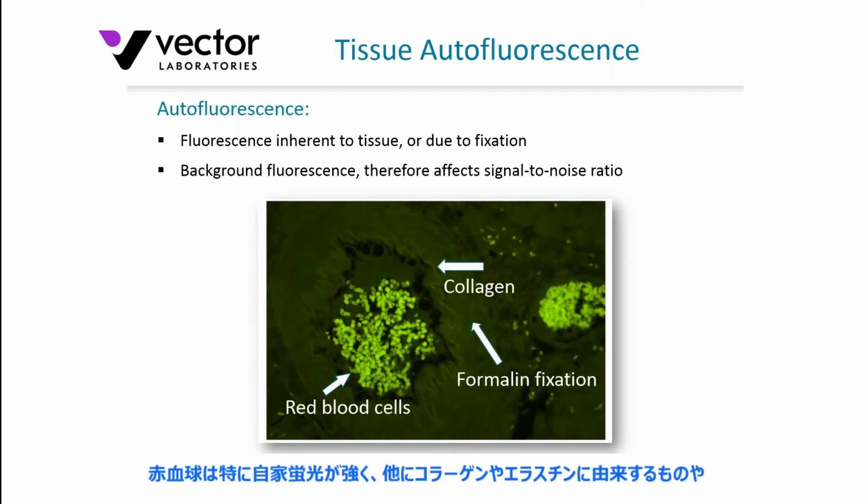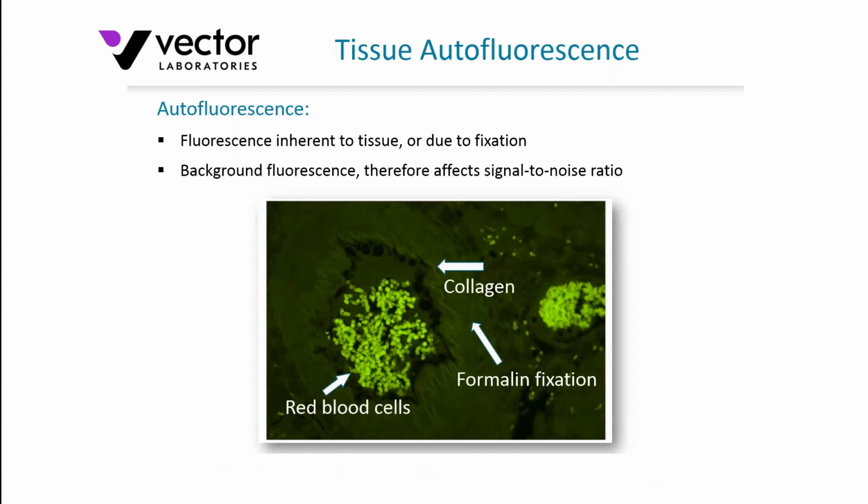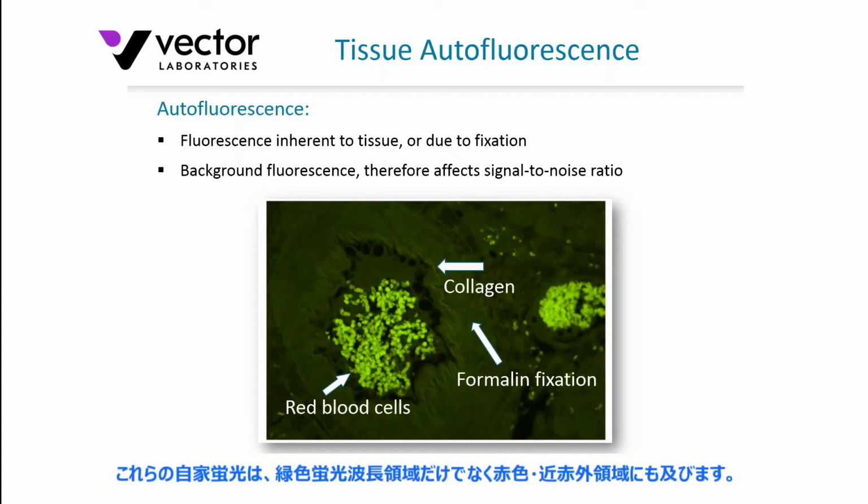Various proteins such as collagens, elastins, and certainly you do see autofluorescence induced through the use of an aldehyde fixative such as formalin, formaldehyde, or glutaraldehyde. If you do see these, they certainly are not just within the green spectrum that we've shown here. It's across the spectrum as well, into the red and far red areas.